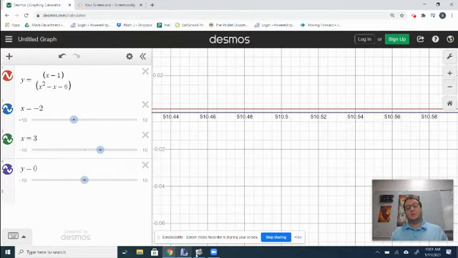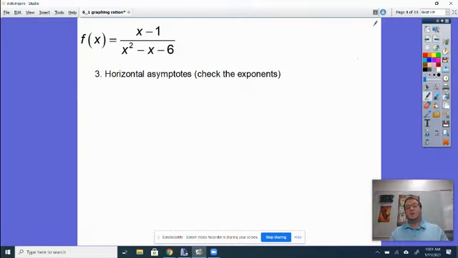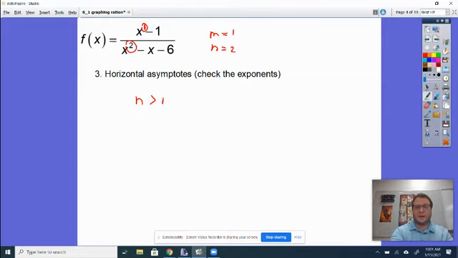So how do we determine an asymptote? Well, there's 3 cases, and we're going to look at the exponents of the leading term. In this case, we have a 1 there, we're going to call this top term m, and we're going to call the bottom term n. So in this case, m is 1, n is 2. So n is greater than m.